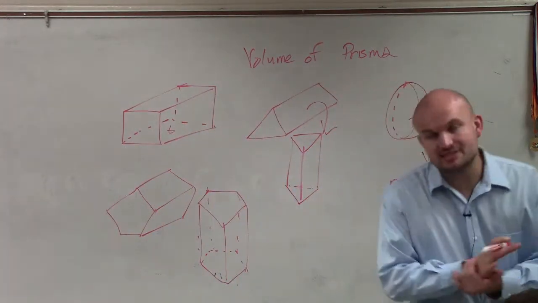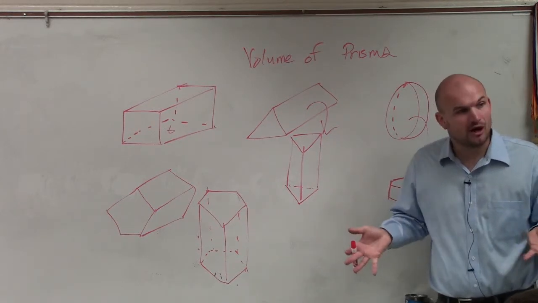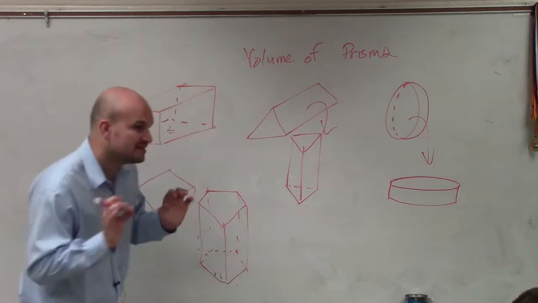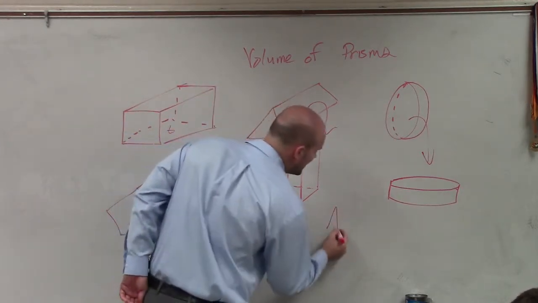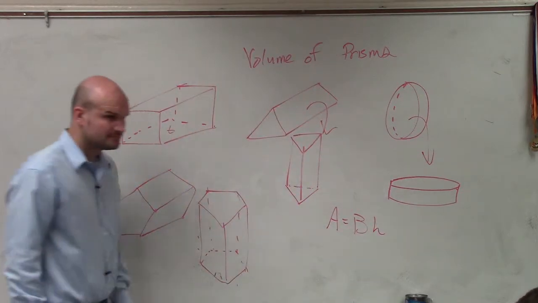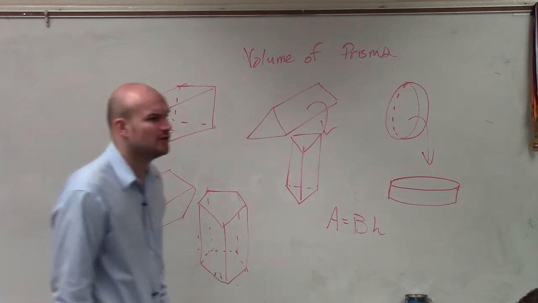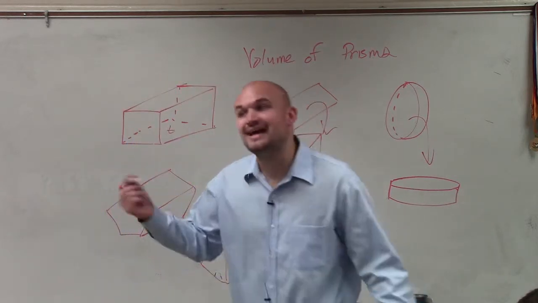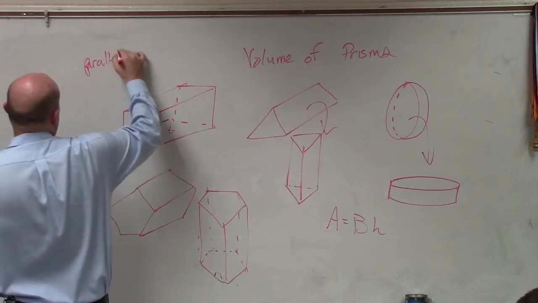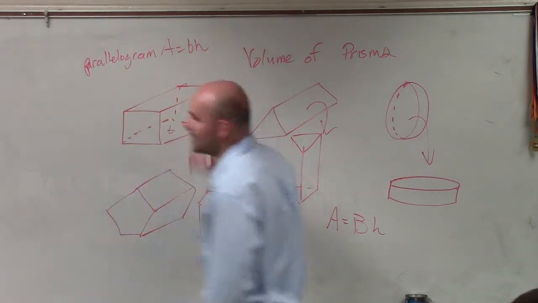Now, we look at these figures, all right. To find the volume, which is going to be that amount of space, all we simply need to do is follow this one simple formula. Area equals base times height. You think area equals base times height, that's the area of a rectangle or of a parallelogram. And yes, you're correct. The parallelogram area equals base times height.